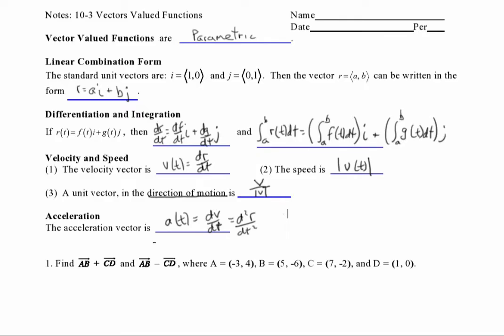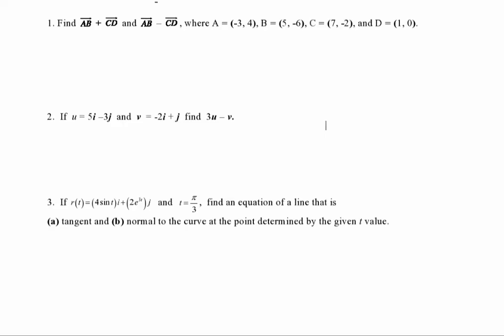All right, let's do a couple of problems and see how this goes. The main thing for this lesson is just to get used to the notation, because really it's the same thing we've been doing. So first we'll find vector AB, but instead of writing it with the greater than, less than symbols, we're just going to use i and j.